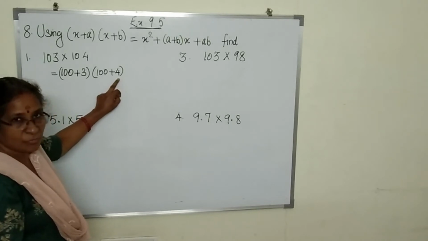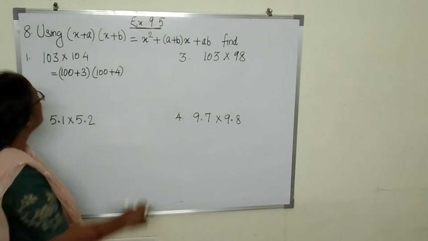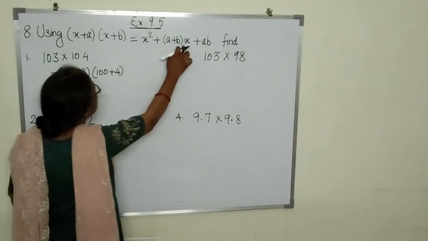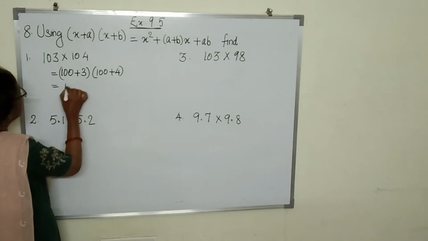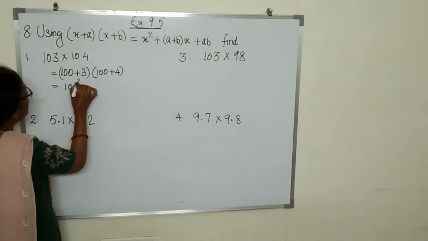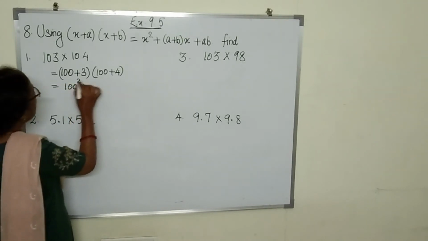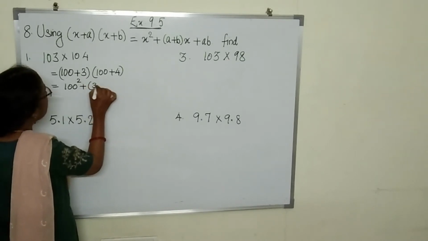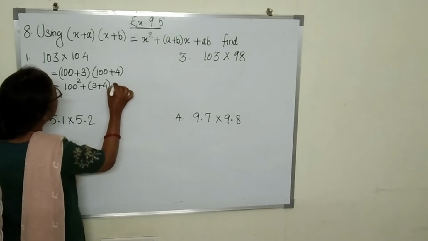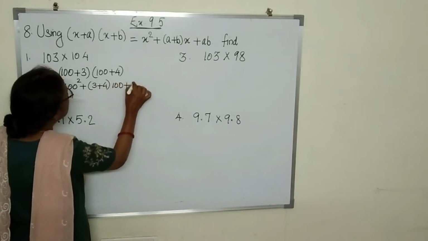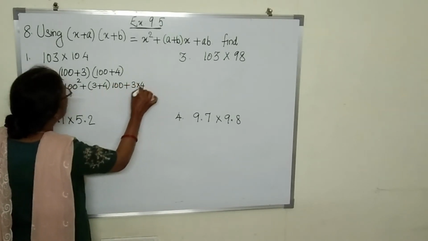b is 4. So just substitute the values in this identity. What will you get? This is equal to x square, that is 100 square, plus (a + b), that is 3 + 4, into 100, plus 3 into 4.